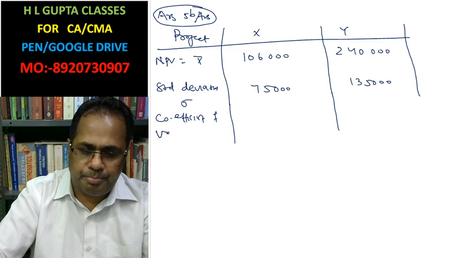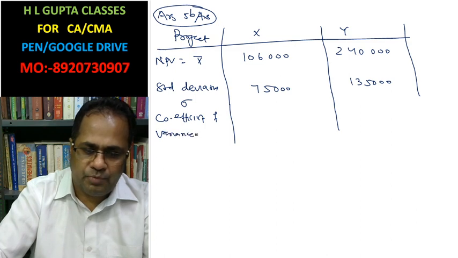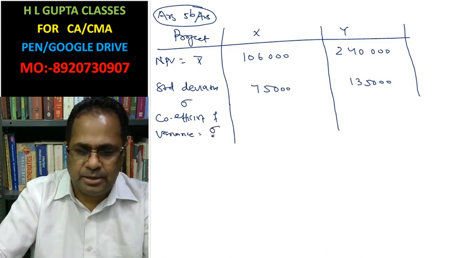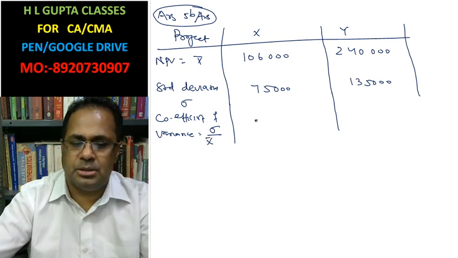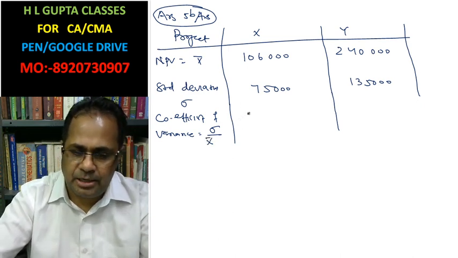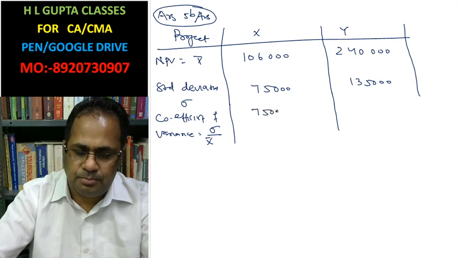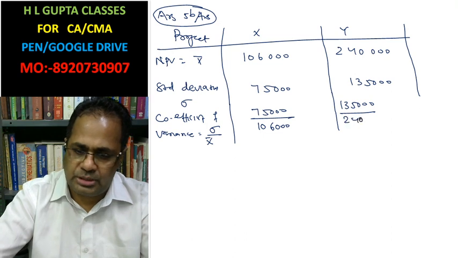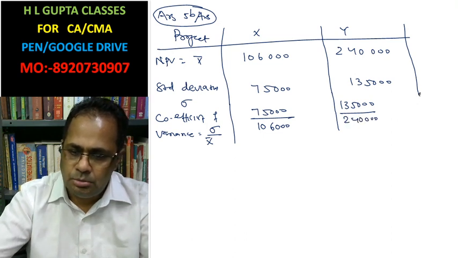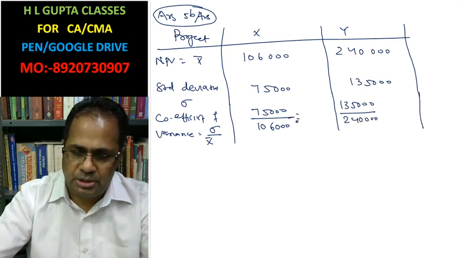The coefficient of variance is the standard deviation divided by the net present value. In this case, the standard deviation is 75,000 and the net present value is 1,06,000, and 1,35,000 and 2,40,000. So what will be the coefficient?